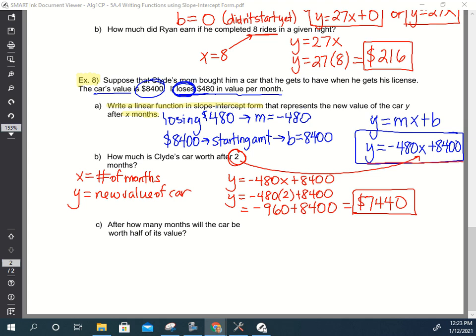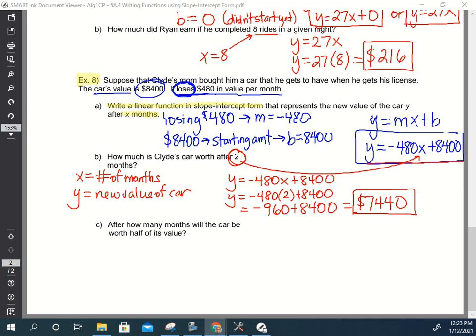All right, part C. After how many months will the car be worth half of its value? So this time we want to know what x is going to be in order for it to be half of its value.